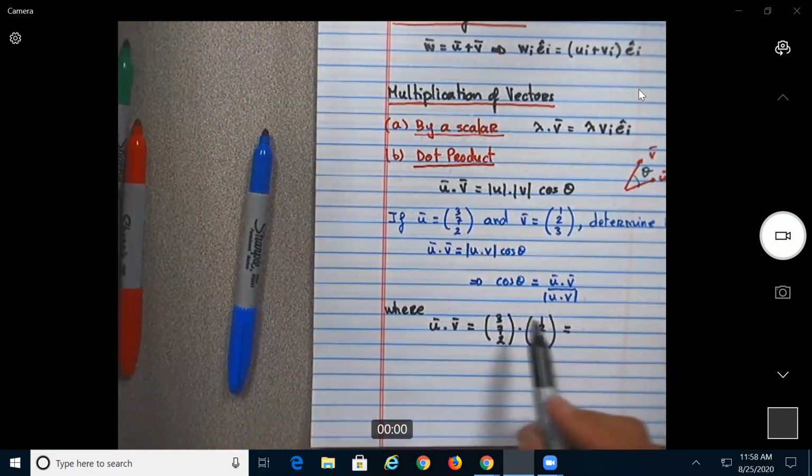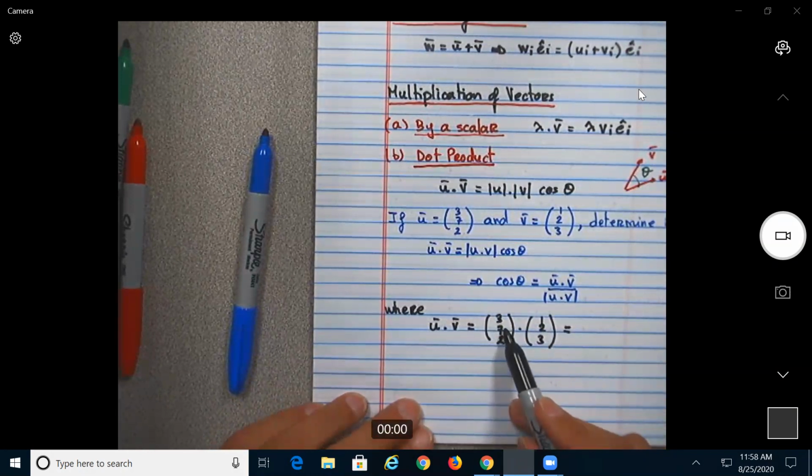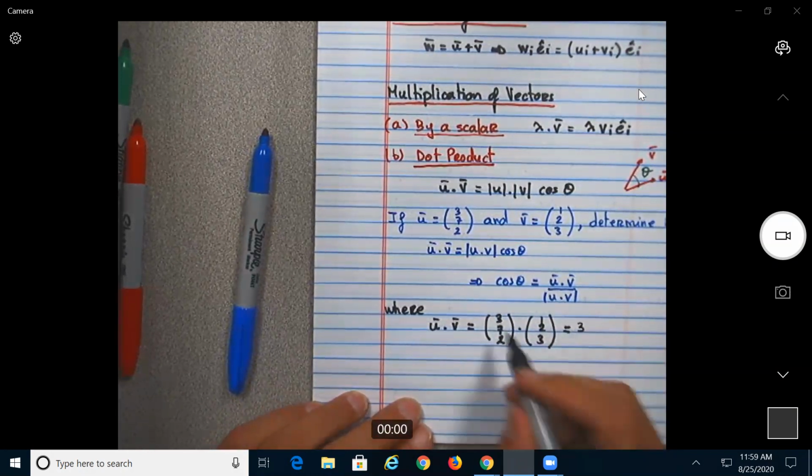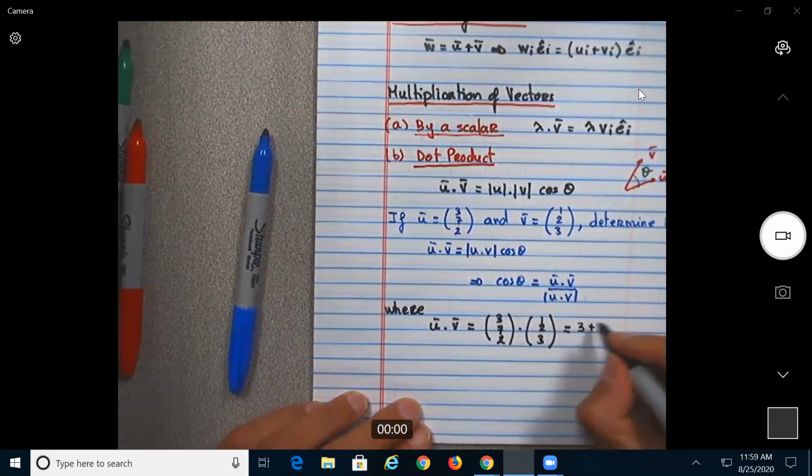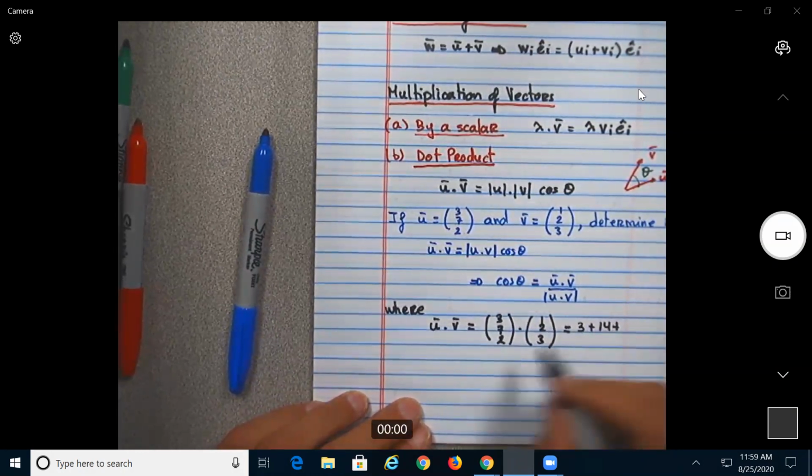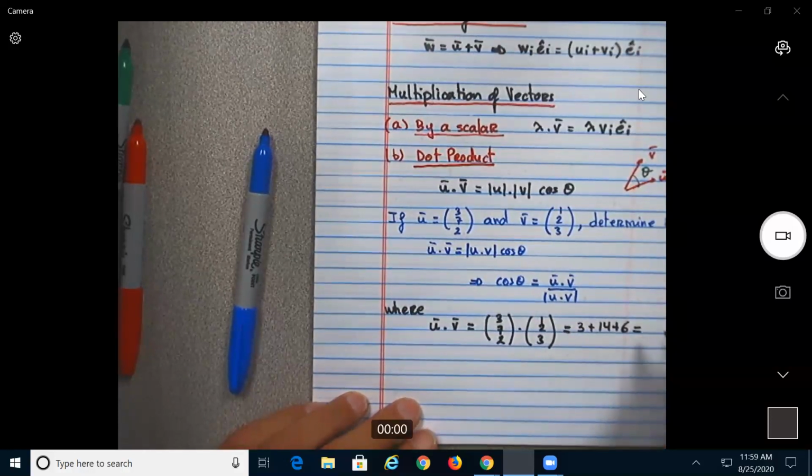Now when you do the dot product, do you get a vector or a scalar? You're going to get a scalar quantity, no? So the scalar quantity will be 3 times 1 plus 7 times 2 plus 2 times 3. So this will give you a value of 23: 14 plus 6, 20 plus 3, 23.